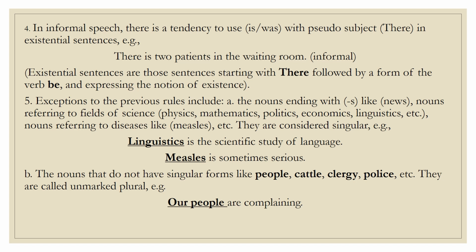In order to understand this note, we have to first understand what we mean by existential sentences. Existential sentences are those sentences that start with the word there, followed by a form of the verb be. So the main verb is what?